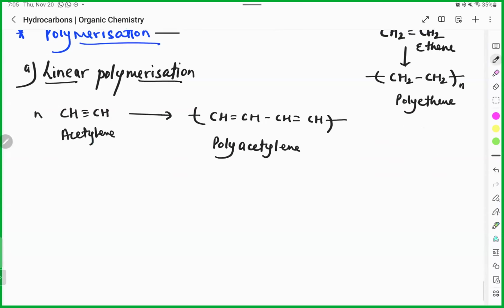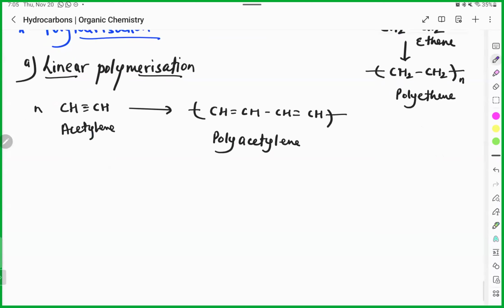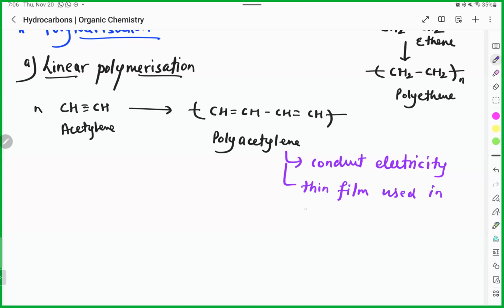Special is that this polyacetylene is an electricity conductor. It can conduct electricity, and this can be asked in your objective part or statement. Can polyacetylene conduct electricity? Yes, it can. What is the use? Because it can conduct electricity, a thin film is used in the electrode. You can't skip even a single word from the NCERT.